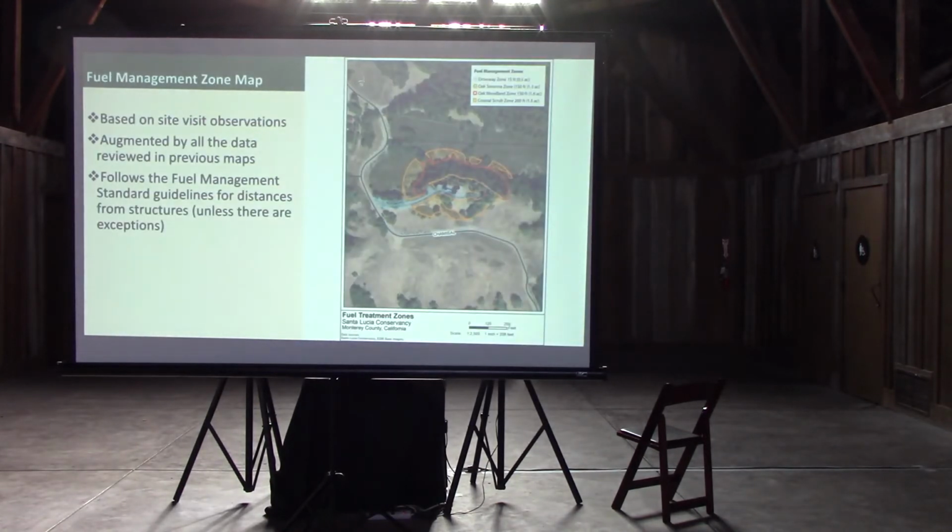And then, based on all that information, on all those layers that we look at, and based on the site visit, we develop what we call fuel management zones. And this obviously isn't set in stone. There aren't flags out there showing you that this is the end of the zone. It's meant to give you an idea.